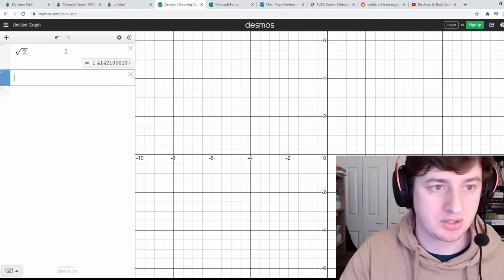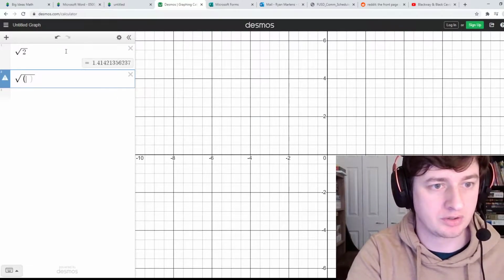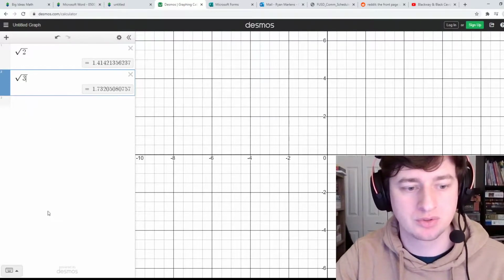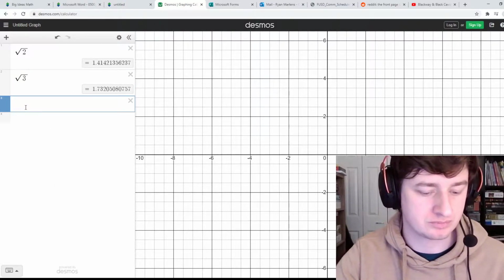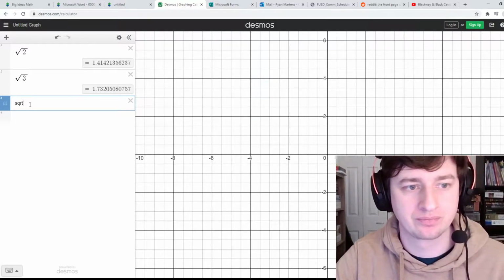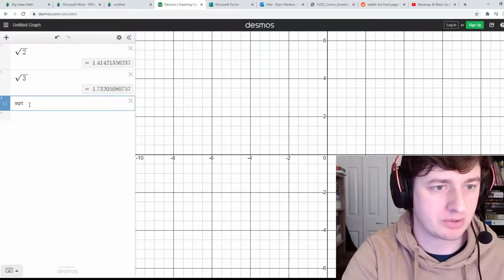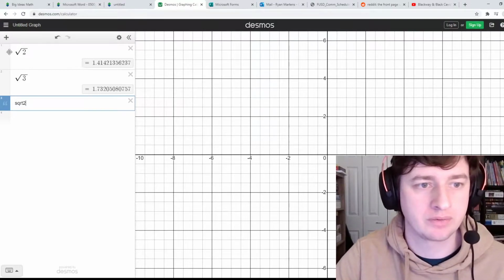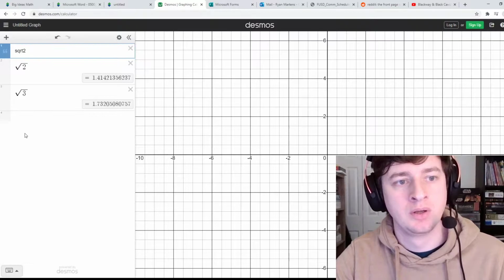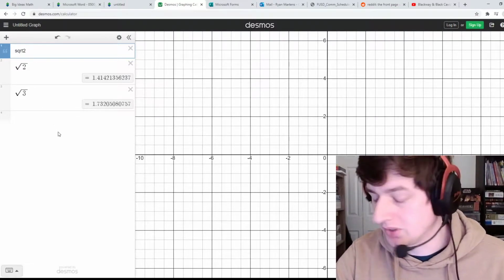And then we also need square root of 3. The way that I got this square root symbol is I just typed SQRT and then the number. Okay, that's how I got this first one. And the same thing for the square root of 3.